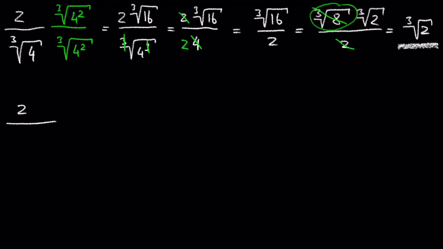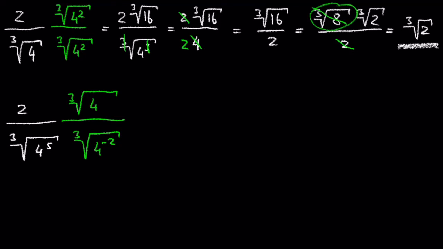2 over the third root of 4 to the 5. After multiplying the third root of 4 to the negative 2, we get the third root of 4 to the 5 times 4 to the negative 2.